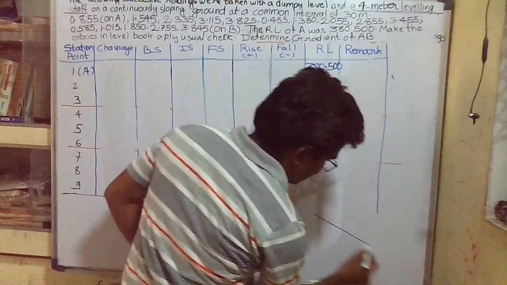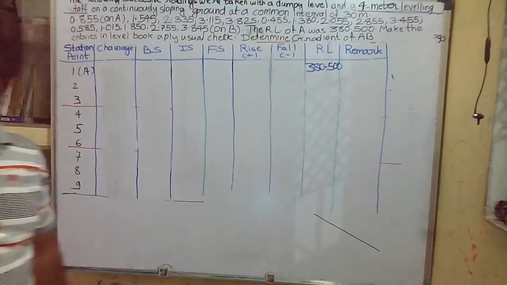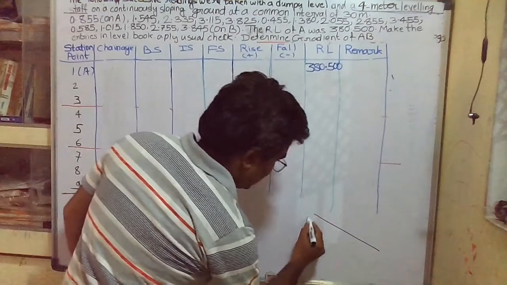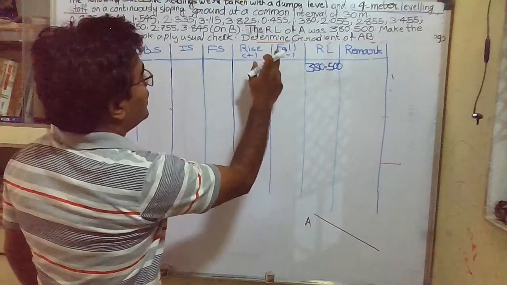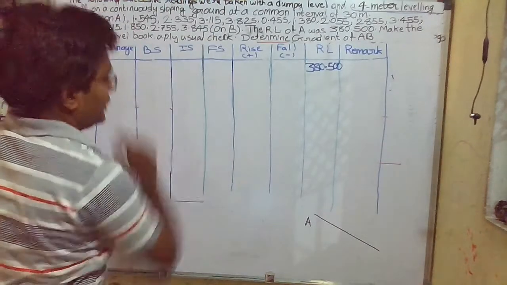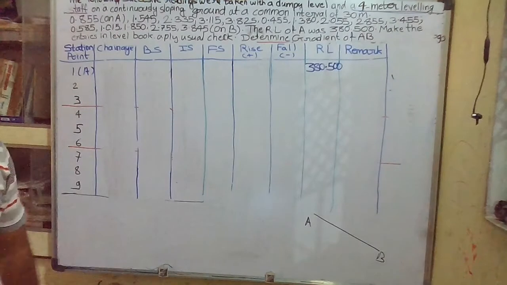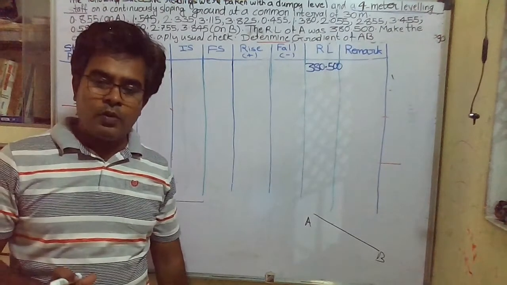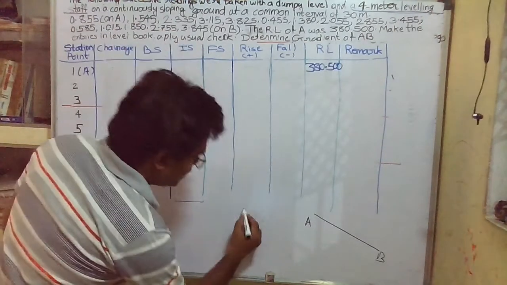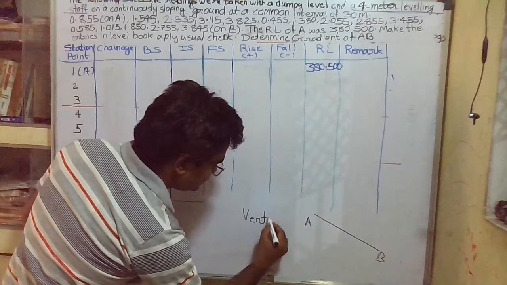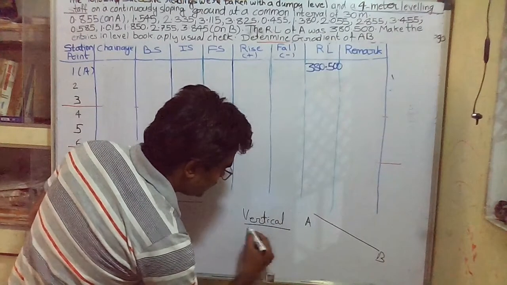Here there is a continuously sloping ground, so point A is there, and the last point B is given. We have to find out the slope of that ground. What is slope of ground? It is the ratio of vertical distance to the horizontal.